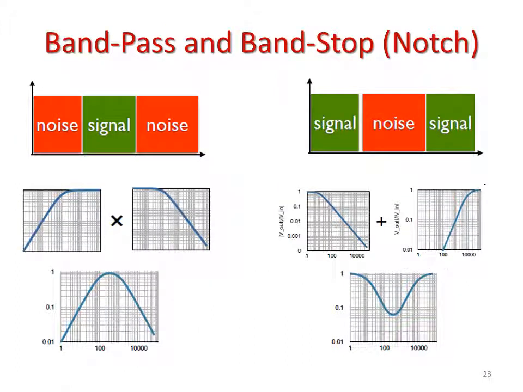So finally, we have our more interesting circuits, which are bandpass and bandstop or notch filters. Bandpass is probably the most useful filter, and the bandpass is a combination of two. It essentially blocks out low frequencies, lets some middle frequencies through that we really want to look at, and then blocks out high frequencies.